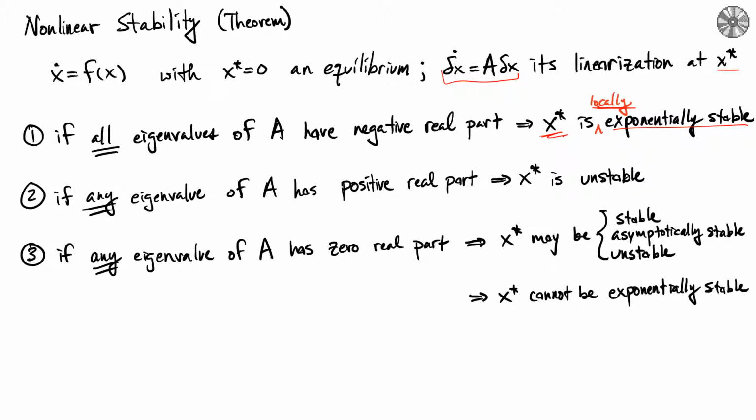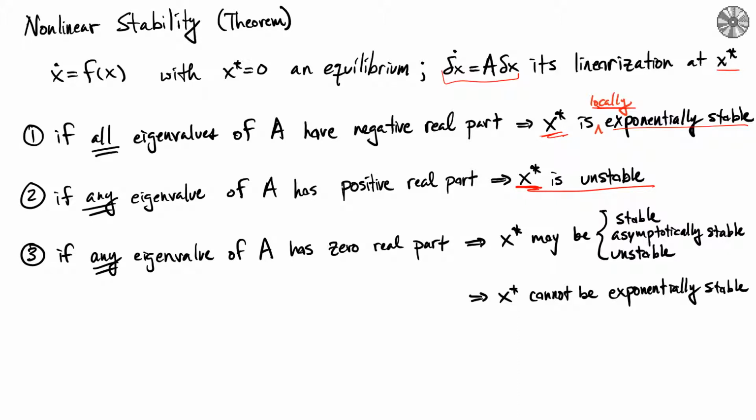We can also say that if any eigenvalue is positive, then there's definitely going to be a direction where the trajectories leave and grow unboundedly. And so that means that x star is unstable. So for any positive eigenvalue, that equilibrium is certainly unstable.